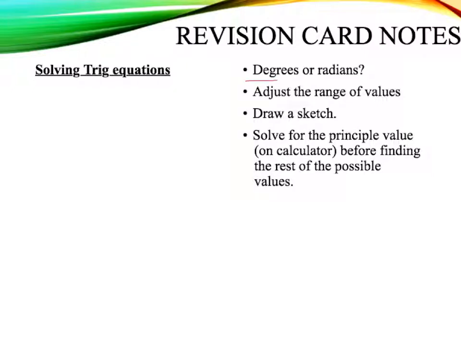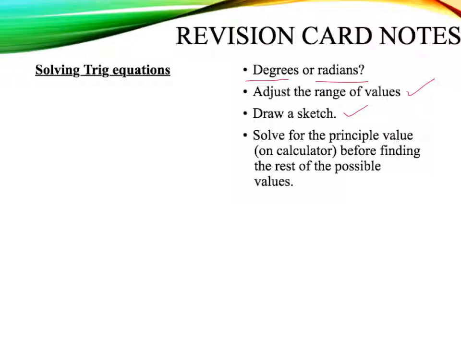Okay, so when we're solving trig equations, make sure that you are looking at the question very carefully. Are we dealing in degrees or radians? Core 2 can be tricky for this, so just be very careful. Next, adjust the range of values that you're interested in. Draw yourself a sketch, that's always going to help. Find the principal value on your calculator before finding all the rest of the possible values within your new range, and then solve for x, like we've just done.